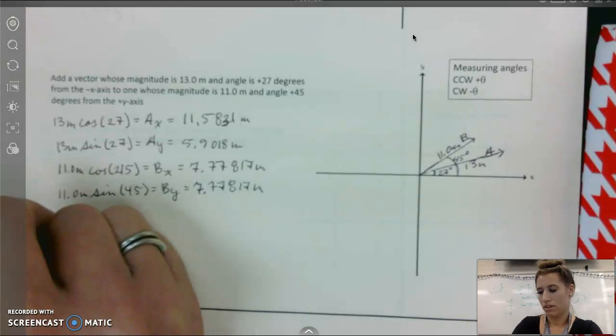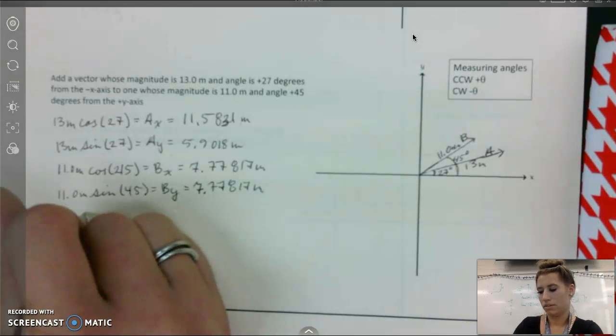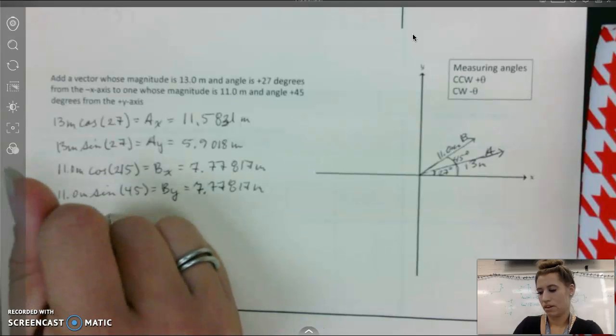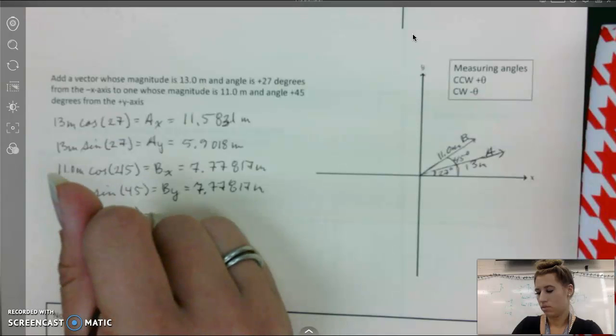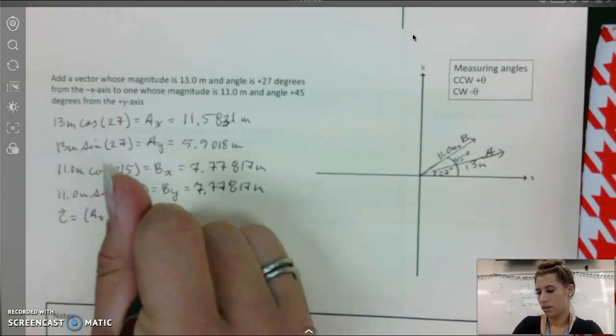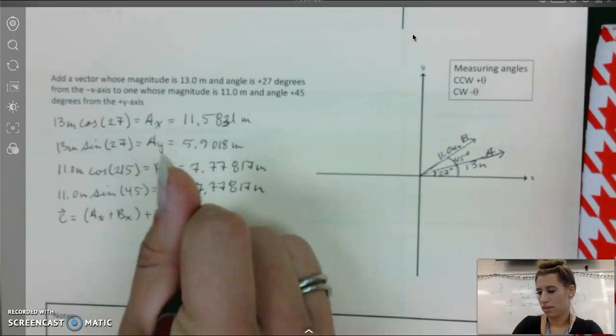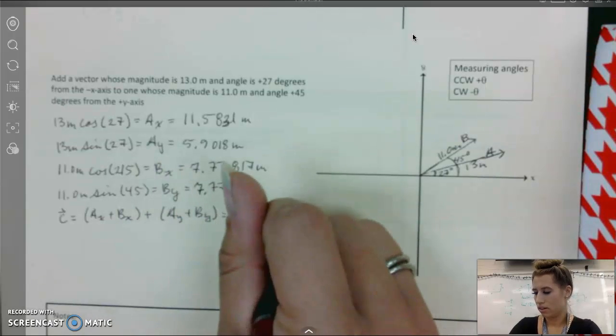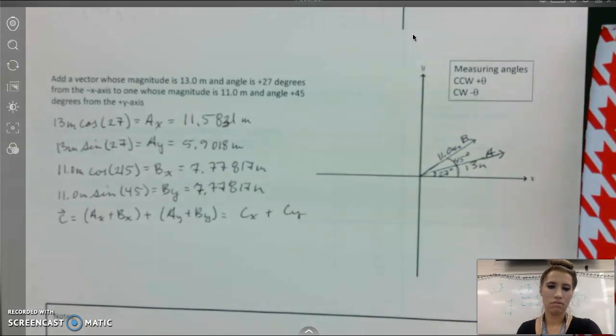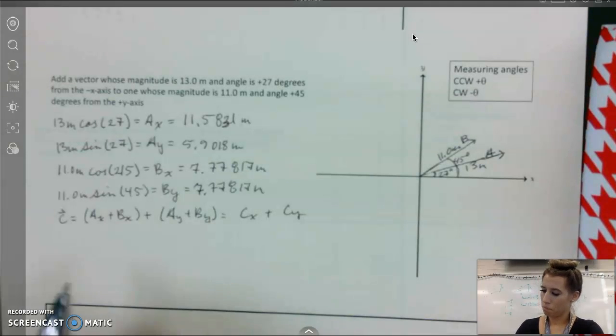So our c vector is going to equal ax plus bx, plus ay plus by, and that's the same thing as cx and cy. Okay, so let's plug it in.